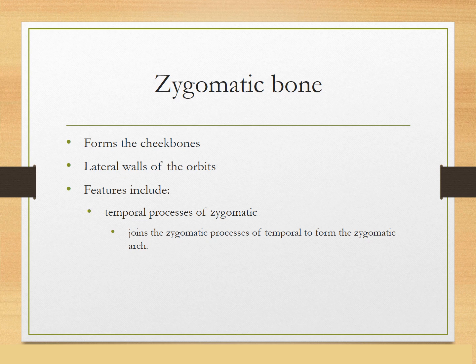Temporal process means this is the part of the zygomatic bone that articulates and joins with the temporal bone. So the temporal process of zygomatic joins the zygomatic process of temporal. This is just a reverse. This is a projection of the temporal bone that extends to the zygomatic bone, and together they form the zygomatic arch.